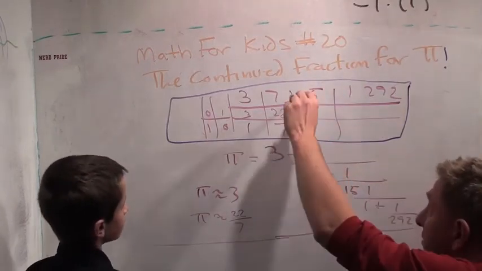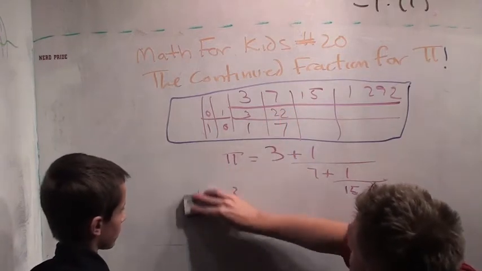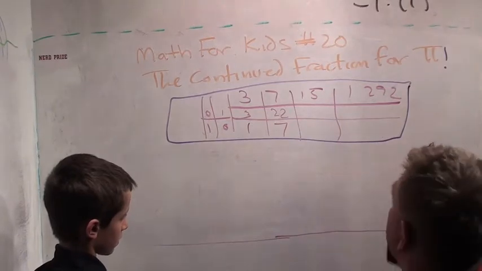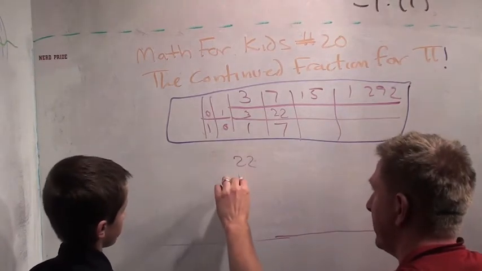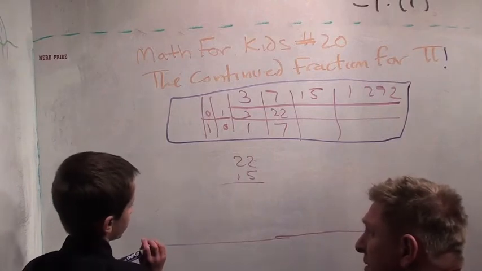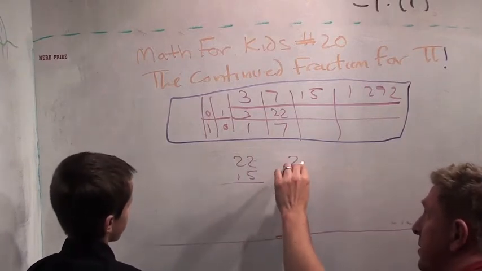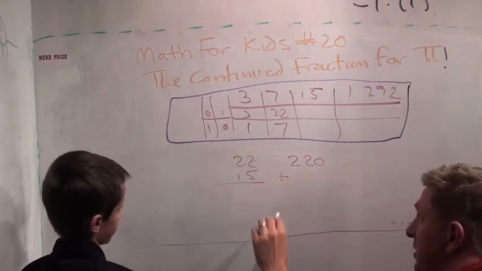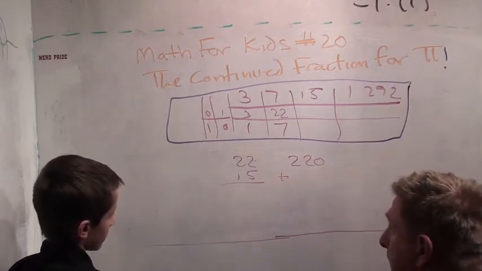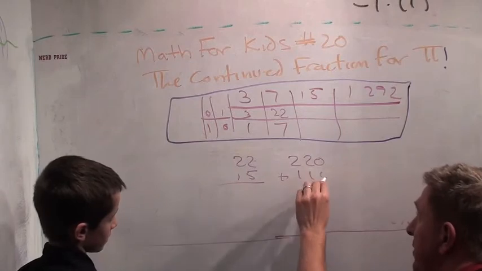Are you ready? 15 times 22 plus 3 on the top. So we've got to do 22 times 15. How are we going to do that? Well, 22 times 10 is 220. So this is the same as 220 plus 22 times 5. That's 110. Very good.